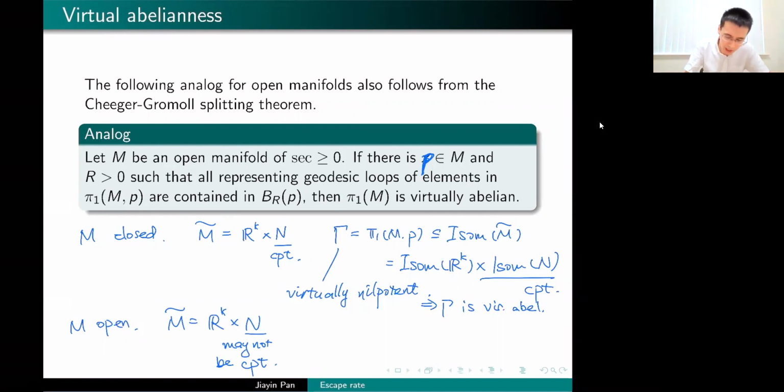Because it's not compact in general, we cannot view Gamma as a subgroup inside Isom(R^k) times a compact group directly from the splitting structure.